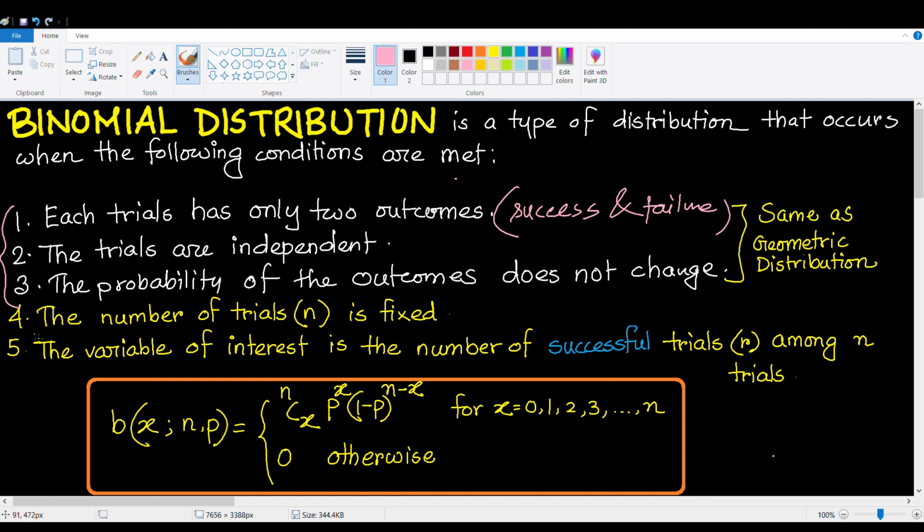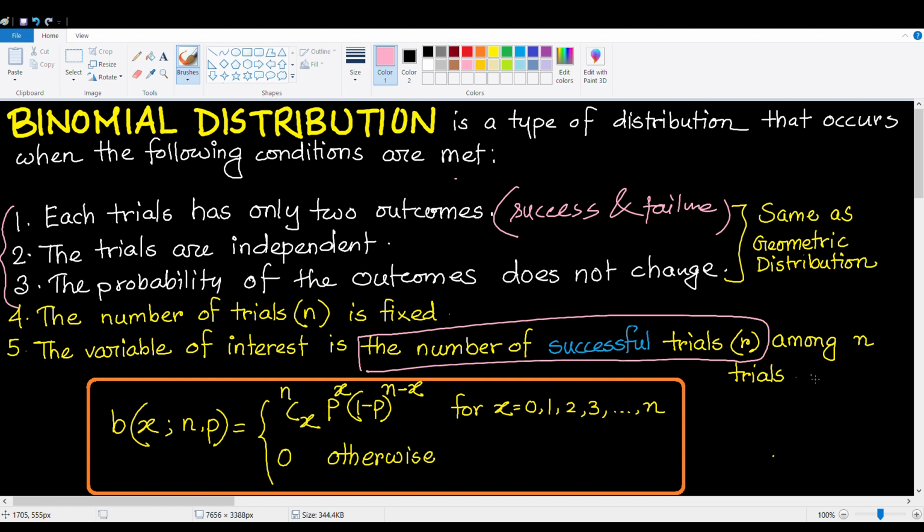Now the condition 4 is new and different for binomial distribution, that states that the number of trials n is fixed, which means the total number of experiments that we are going to perform is predetermined in case of binomial distribution. Condition 5, the variable of interest is the total number of successful trials among n trials.